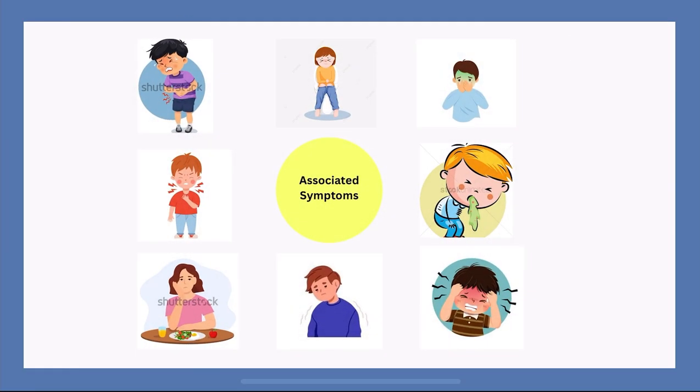The other associated symptoms are anorexia, nausea, vomiting, stomach pain, which is nothing but abdominal pain, constipation, sore throat. Is it clear? Vomiting, nausea, headache, sore throat, anorexia, constipation, abdominal pain are the other associated symptoms with poliomyelitis.